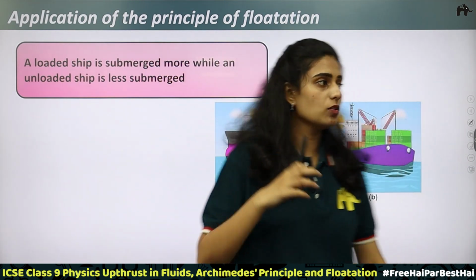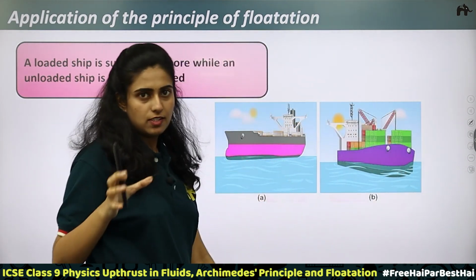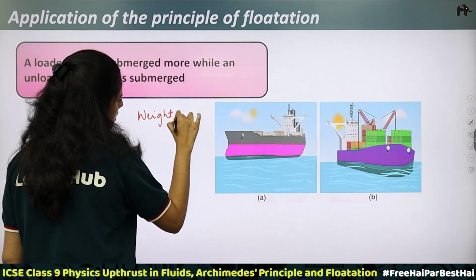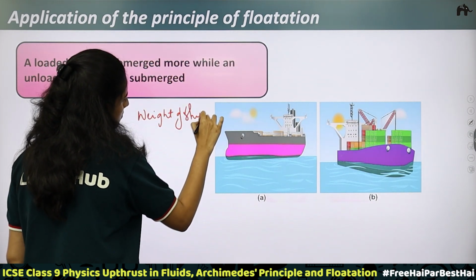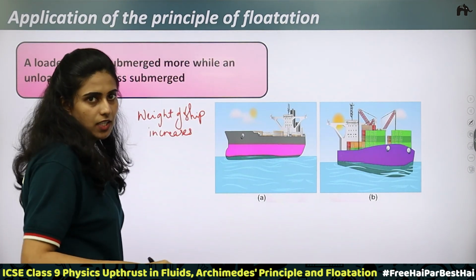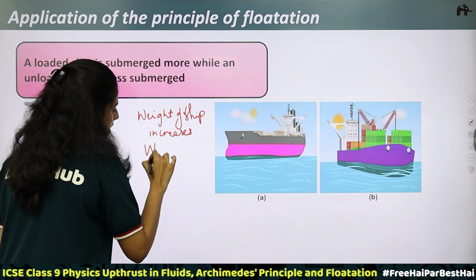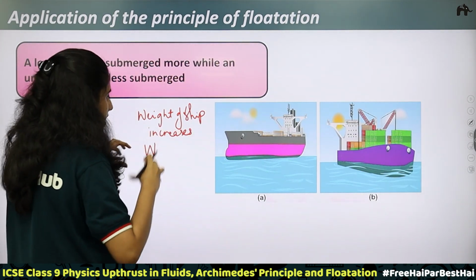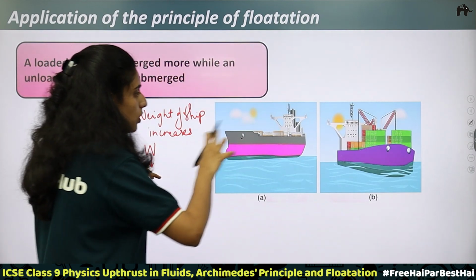So when cargoes are loaded in a ship, the weight of the ship increases. So when weight increases, what does it mean? We have a balance between the weight and the upthrust. Only then the floating will be happening.